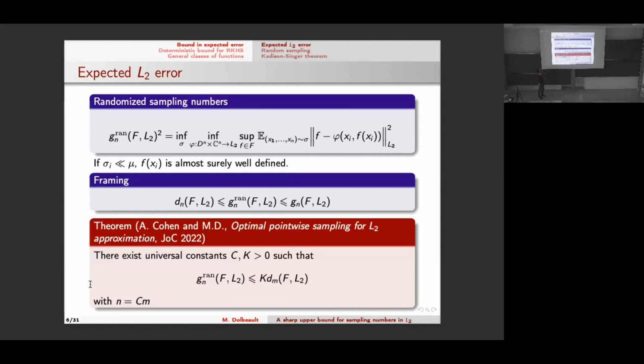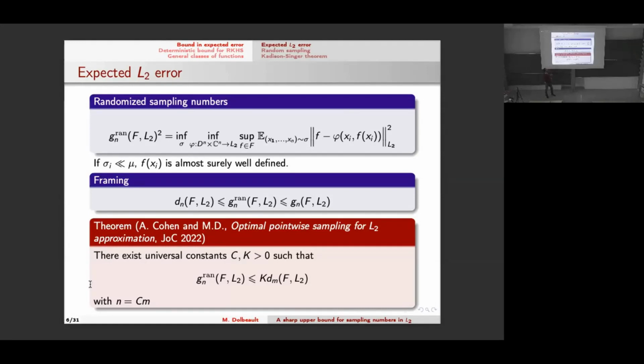Okay, so I skip how things are well defined since it's point evaluations in L2, there could be problems, but with the expectancy, the problems disappear. And now what I have is that the Kolmogorov widths, so the widths with linear functionals, are smaller than the sampling numbers, but the randomized sampling numbers are in between.